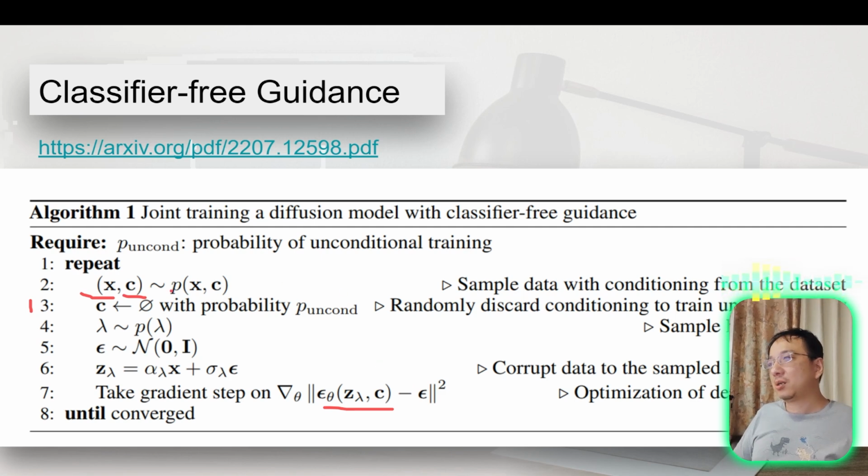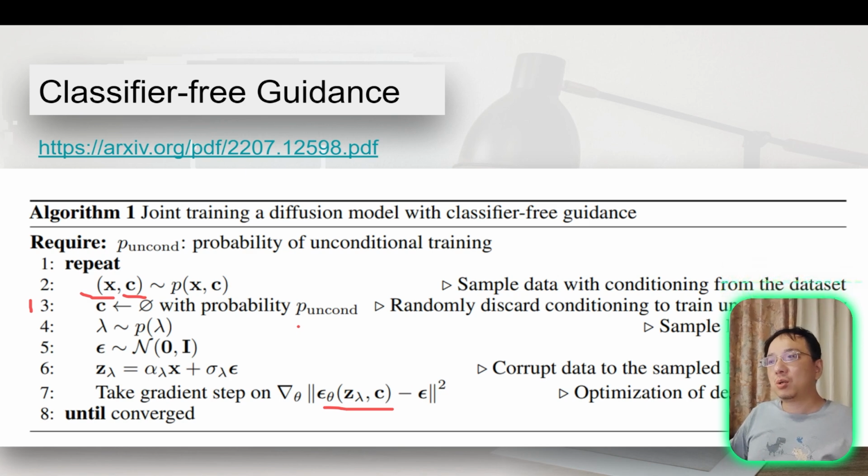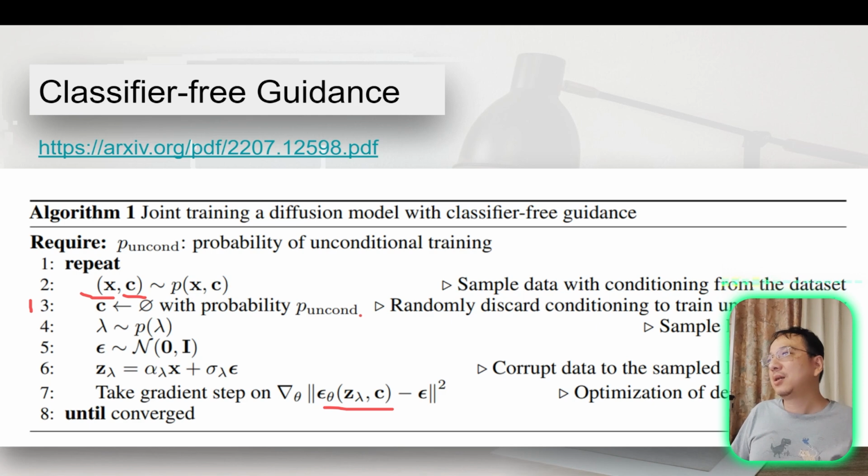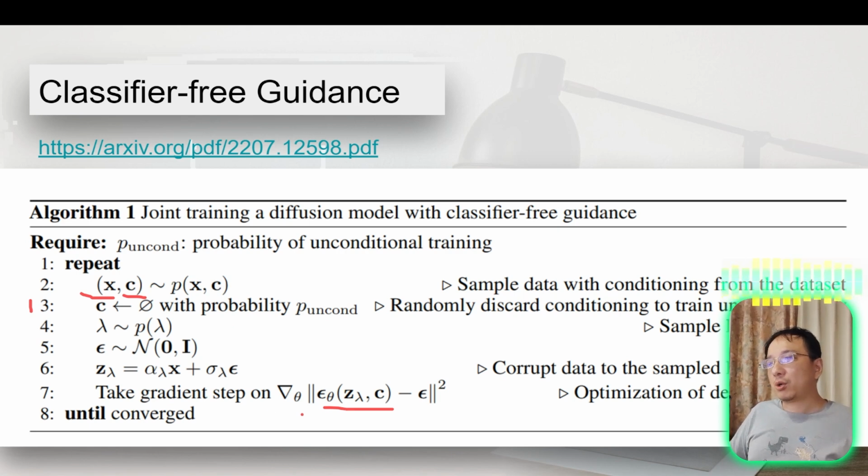In the training, we simply do the conditional and the unconditional training randomly. So in some cases, we keep the condition and do the training with conditional input.